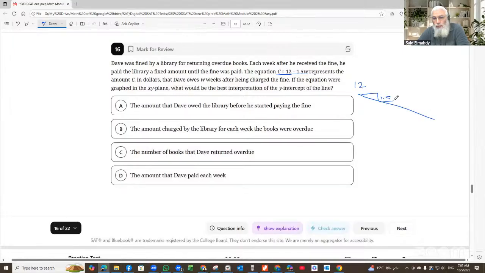So 12 minus 1.5 times the number of weeks represents the amount C in dollars that Dave owes w weeks after being charged the fine. If the equation were graphed in the xy-plane, what would be the best interpretation of the y-intercept? The y-intercept is the total amount of the fine, $12. The amount that Dave owed the library before he started paying, this is correct.